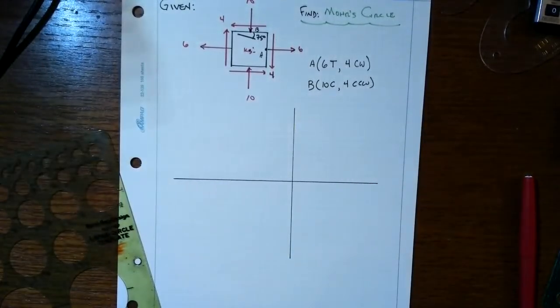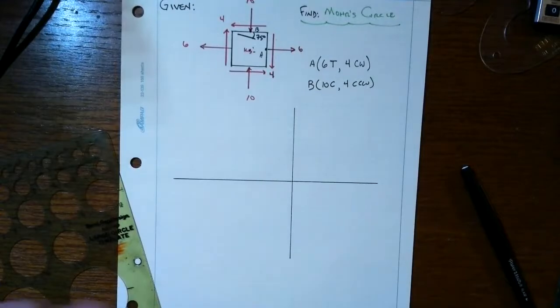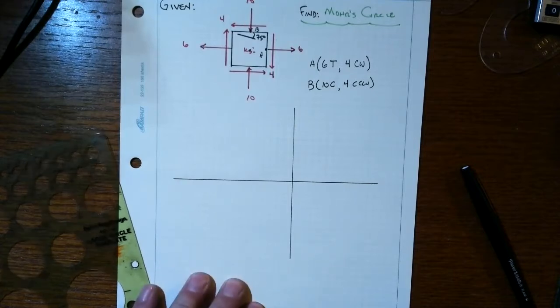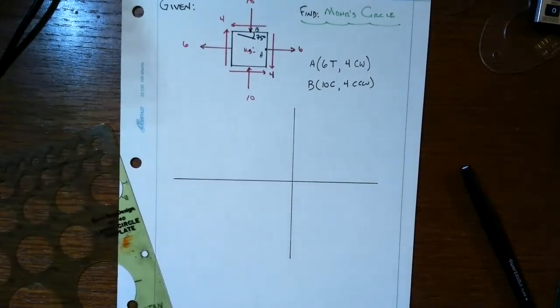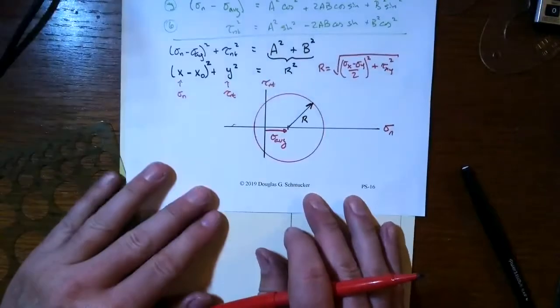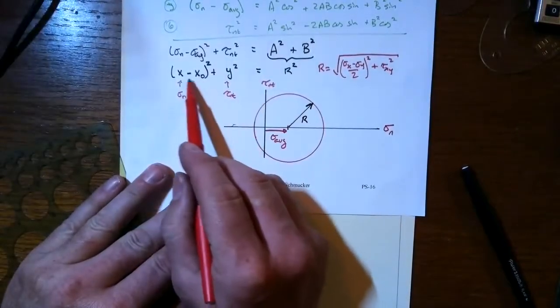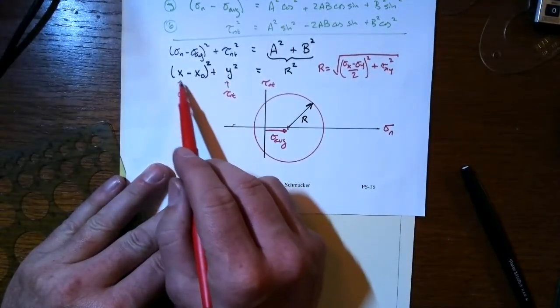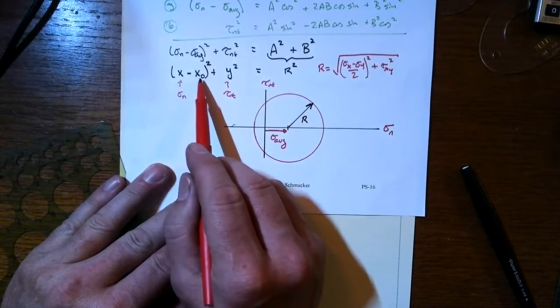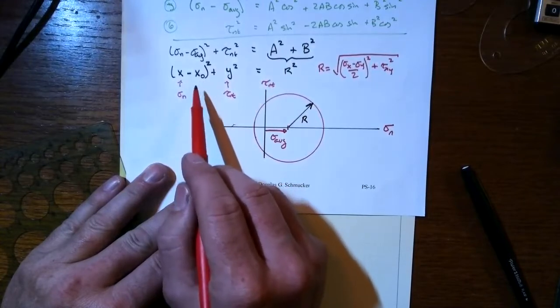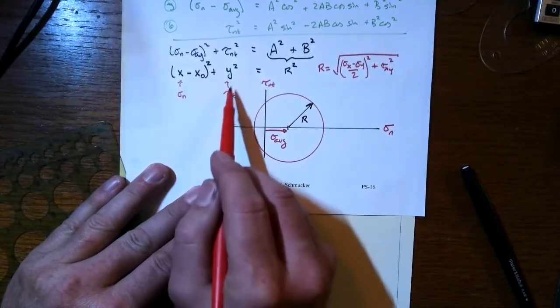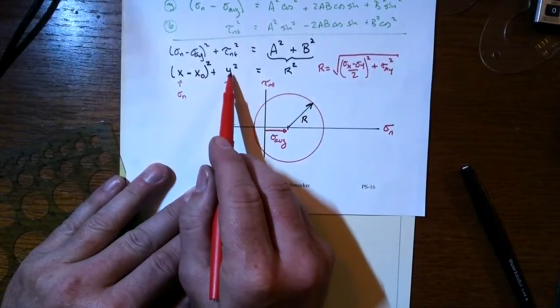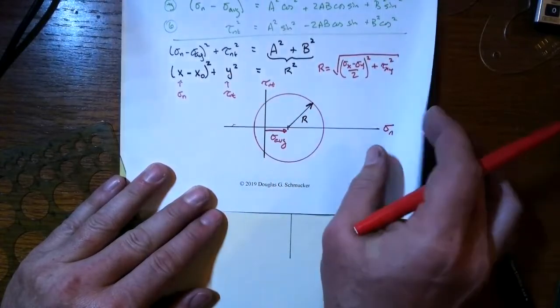And you're like, what the heck are you doing? All right, the horizontal axis, remember from our model that we had for Mohr circle, here we go, the stress transformation equations could be rewritten as sigma n minus the origin, which is the sigma average, quantity squared, plus the shear stress, that's the y value squared, equals the radius squared.